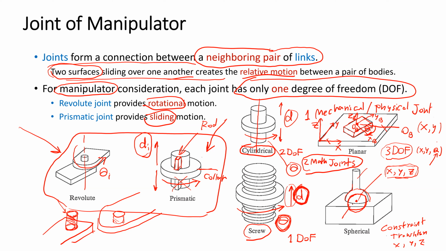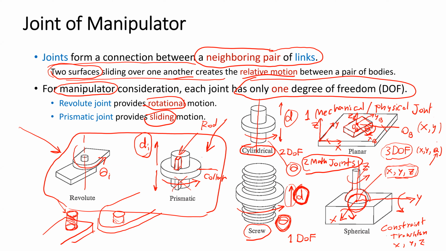You can rotate the spherical joint about the x-axis, in this direction. You also can rotate the spherical joint about the y-axis, and about the z-axis.